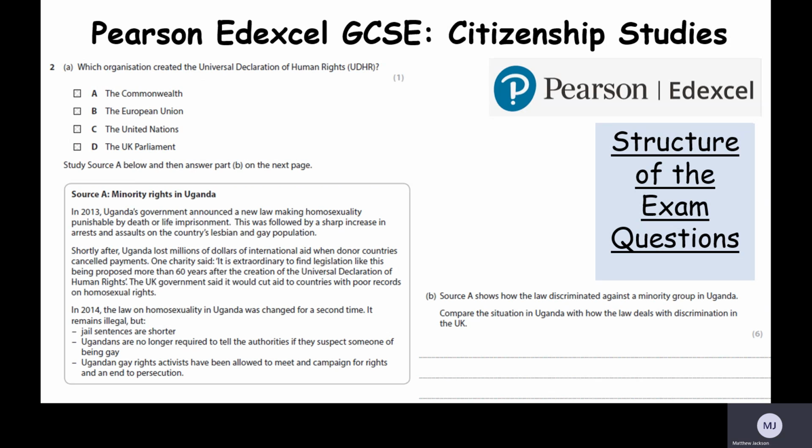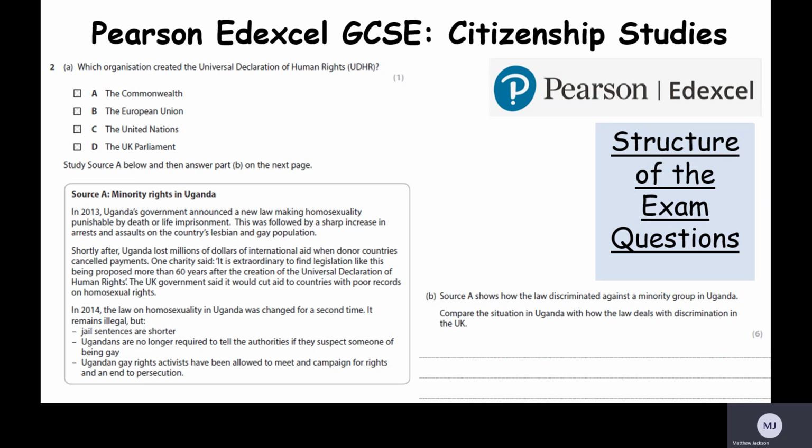However, again, they'll give you the low 1 mark tariff questions, but then also they give you sources like in history and figures like in geography, where they'll give you a piece of information and then they will ask you a question based around what you've just read, and you'd have to use your own knowledge and the knowledge that you've just gained from that source to allow you to answer the question. So source A shows how law discriminated against a minority group in Uganda.